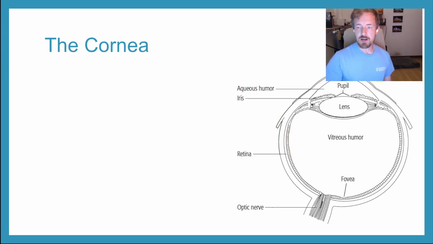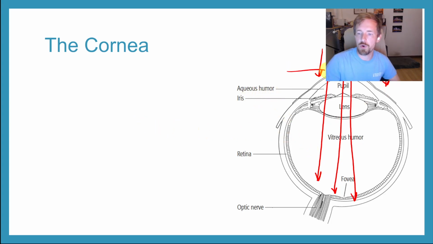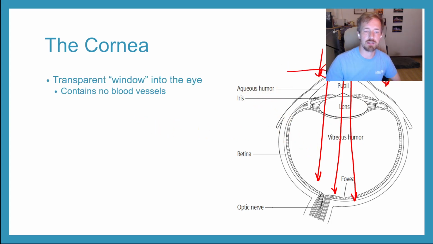So here is a cross section, and again, if you want to follow along, we're looking at light moving downwards now. So light is ultimately going to pass through all of this and hit the back of our eye. Okay, so we're going to be talking about the cornea first. The cornea is the transparent window through which light passes so that it can get to the rest of your eye.